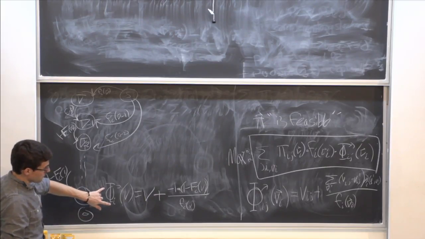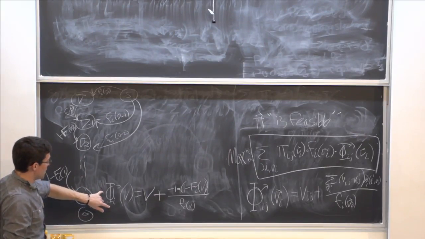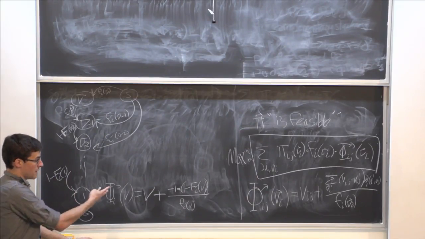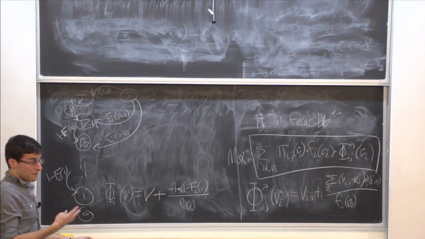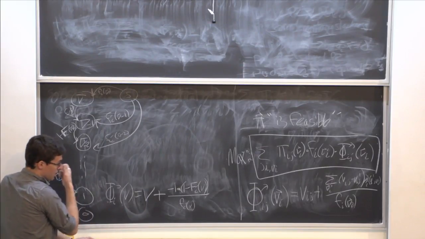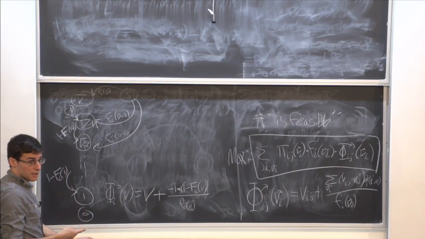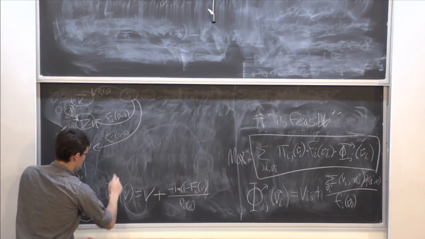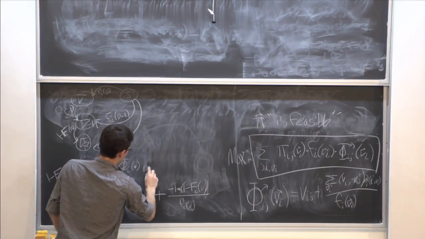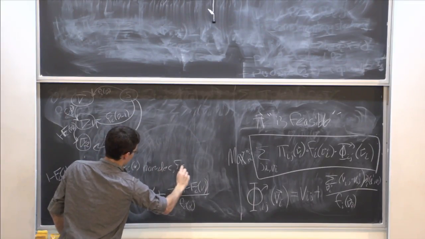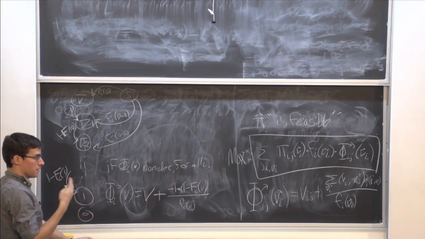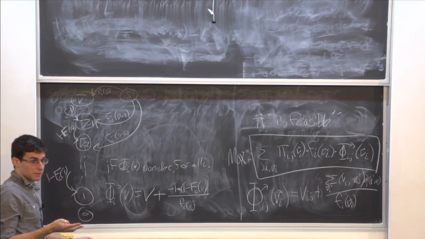Now with this in mind, let's revisit complementary slackness and ask, when is this especially interesting? If it happens to be the case that for every bidder, this is a monotone non-decreasing function, that is, if phi_i is non-decreasing in V for all i, then I claim that there is a simple mechanism that satisfies complementary slackness.